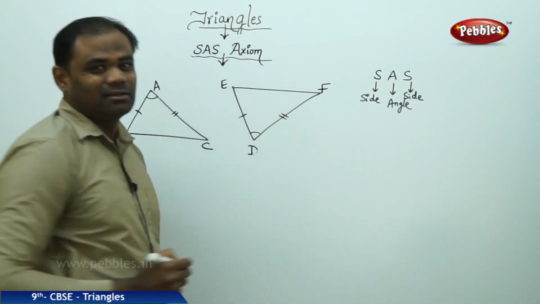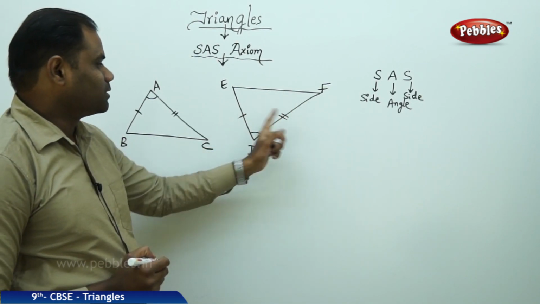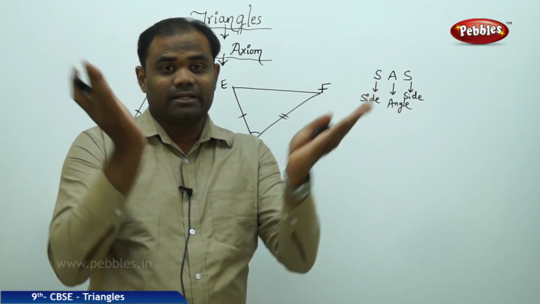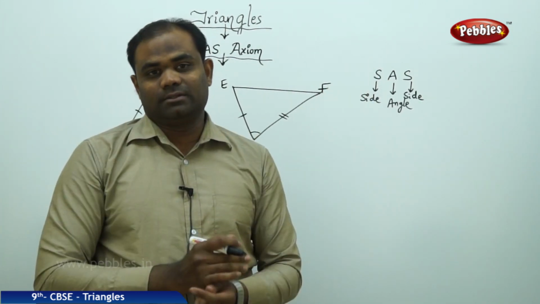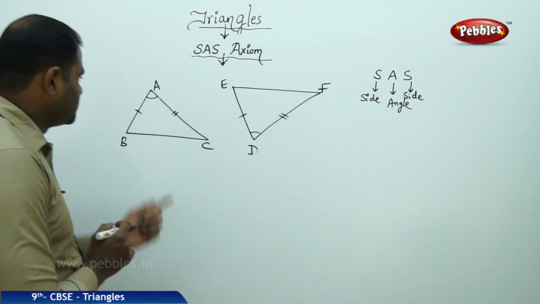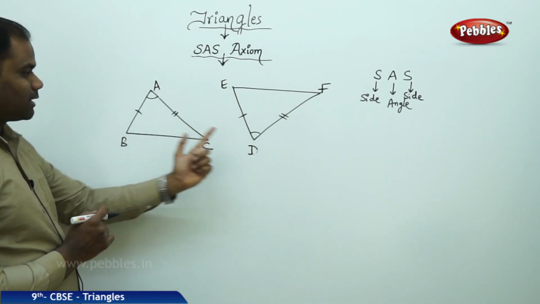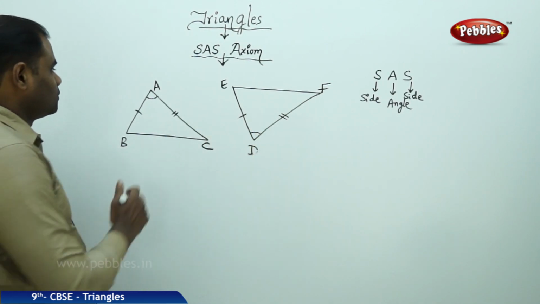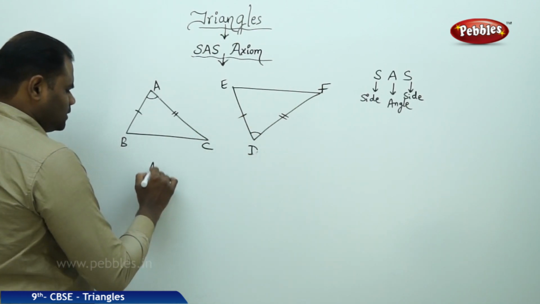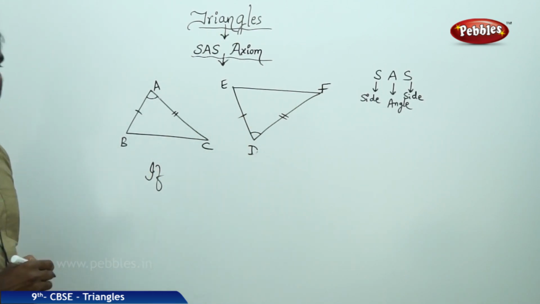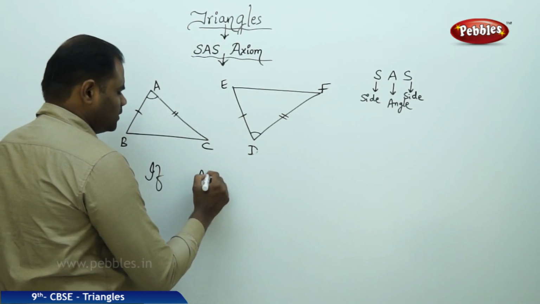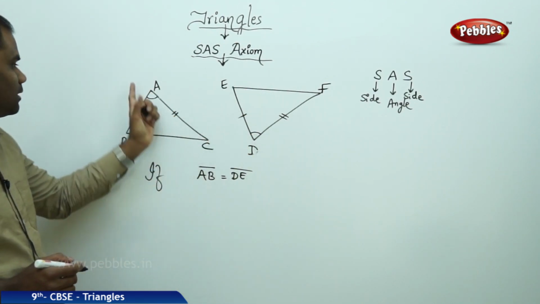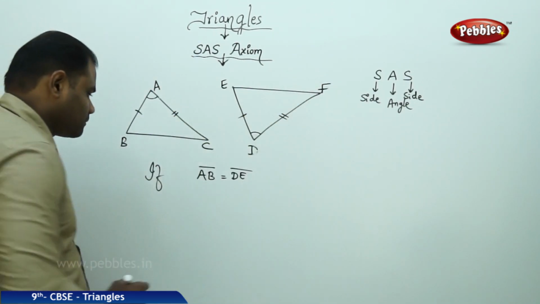This cannot be the angle because this angle does not include these two sides. The angle chosen must be included between the two sides. So here is the angle which is included between two sides. When these are equal, if side AB equals DE, next AC equals DF.